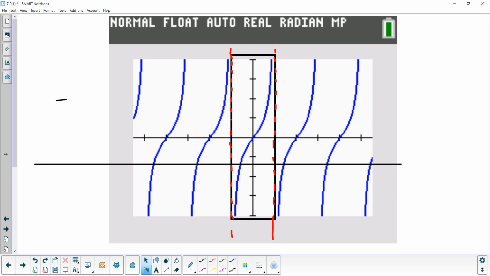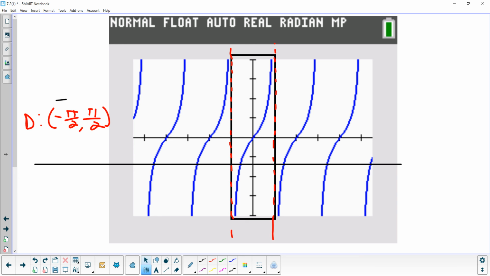So based on those being asymptotes, anybody think they can tell me how I would write the domain for tangent? What are we between? Be careful. Yeah, parentheses, negative pi over 2 to pi over 2, close parentheses.